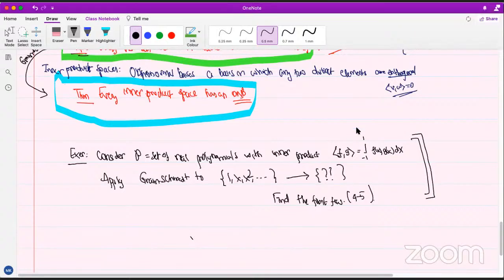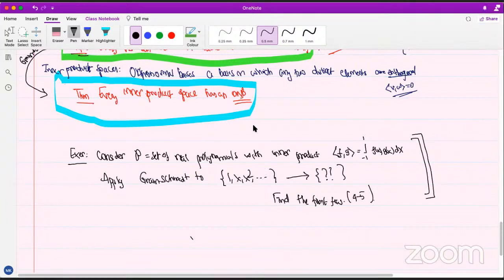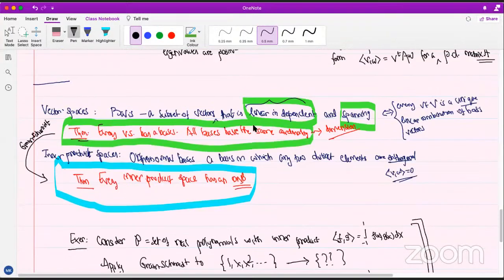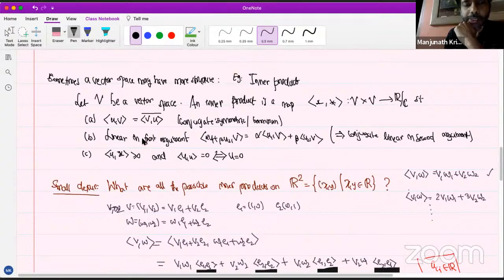Can we define an inner product over a vector space defined over a general field, not R or C? The thing is, there is no question of positivity. Positivity makes sense only in real and complex fields.